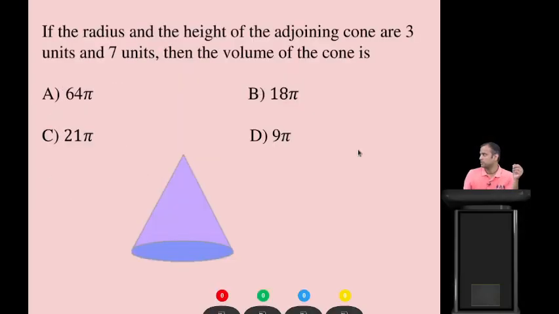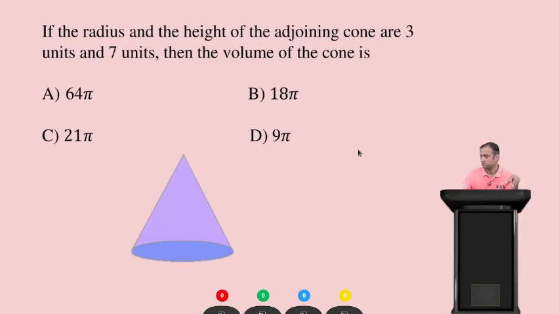If the radius and the height are 3 and 7, what will be the volume of the cone? Okay class, so the answer is C, it is 21 pi.